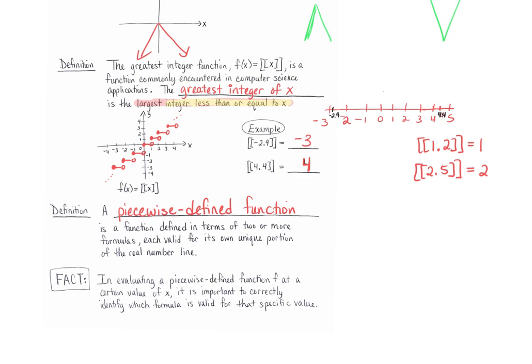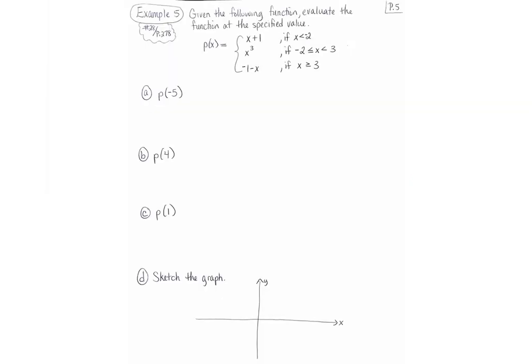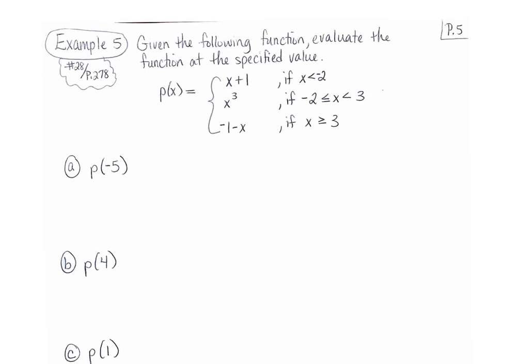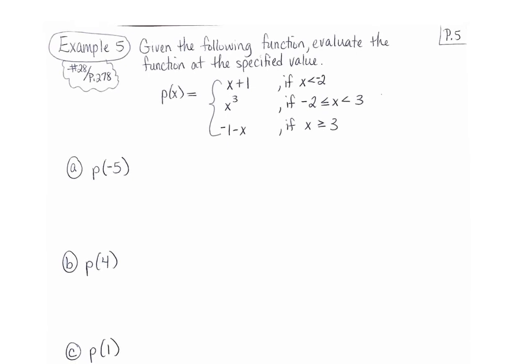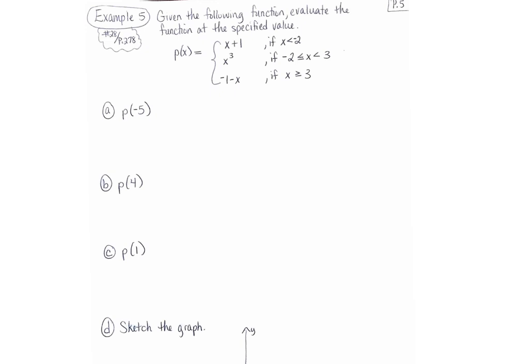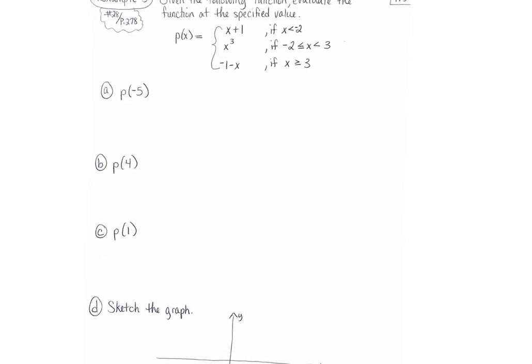So let's go through a couple of examples. I see some still writing, so I'll give you a minute here. Example 5. Given the following function, evaluate the function at the specified value or values indicated. And in the last part, we're going to sketch the graph.